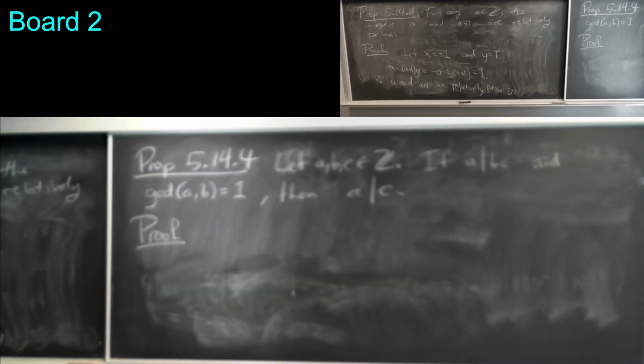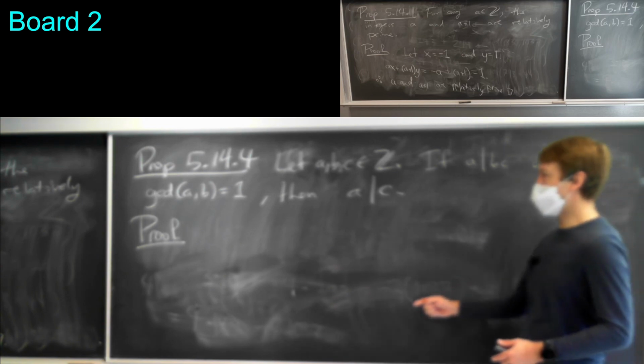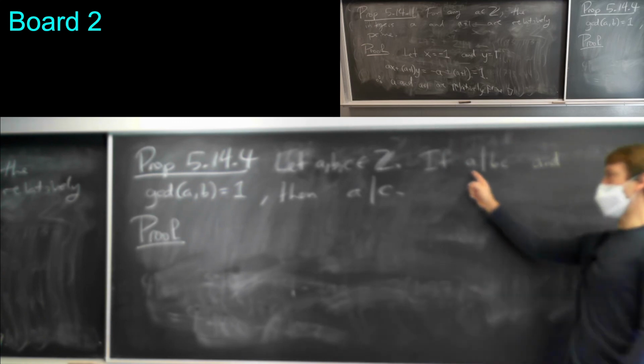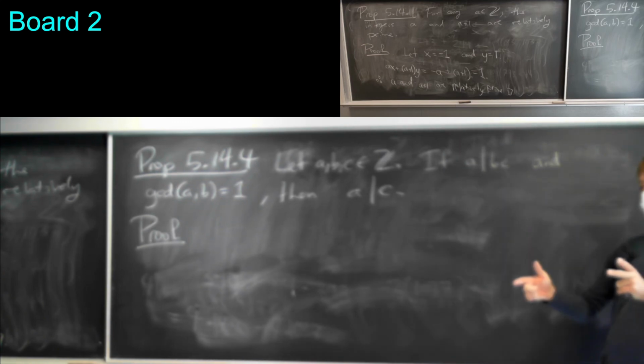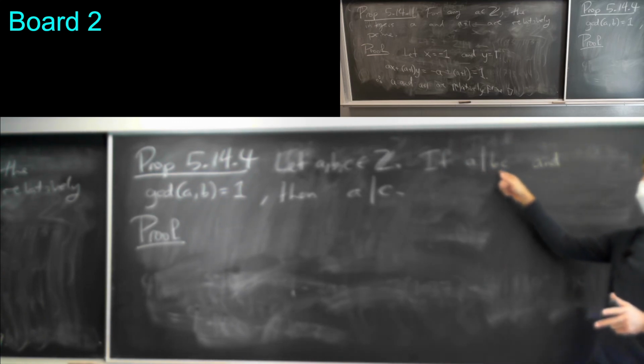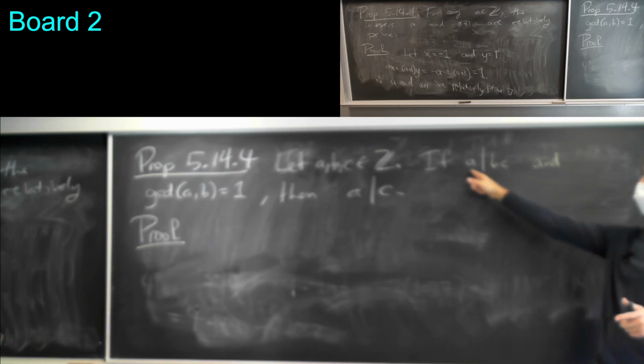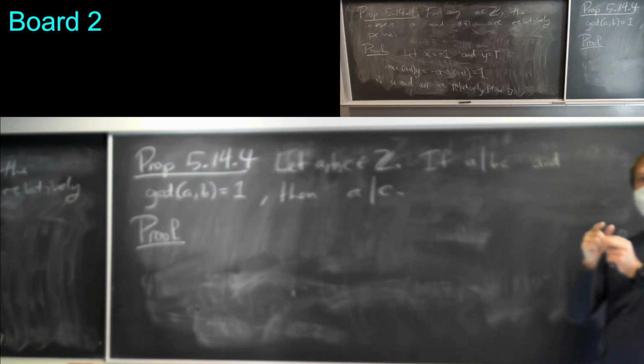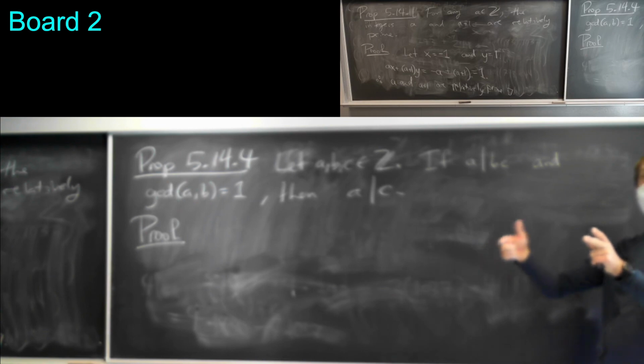So intuitively, if you've internalized these ideas about prime factorizations, this should be kind of clear. If you think of the prime factorization of a, to say that a divides b times c means that all the primes here appear in the prime decomposition of b times c.